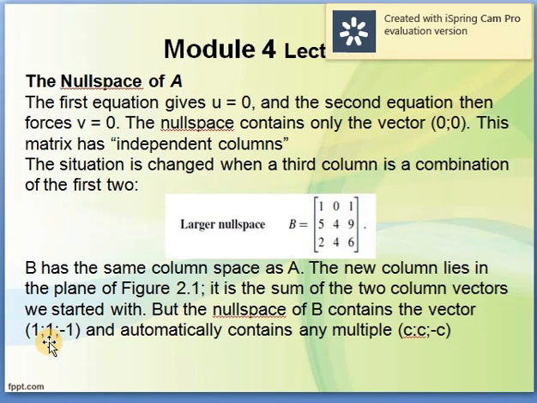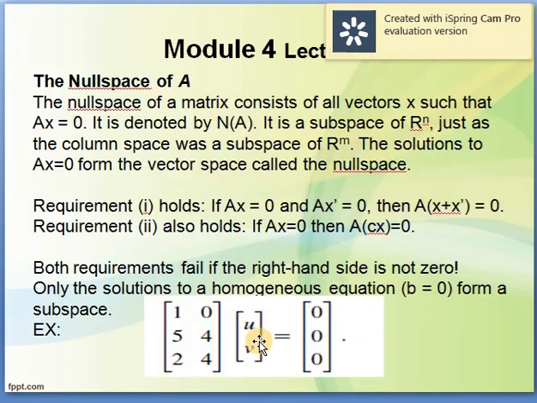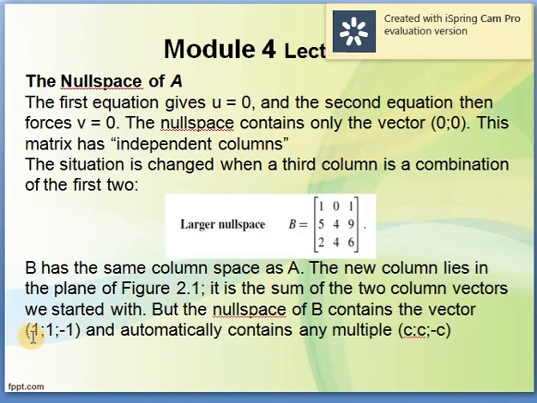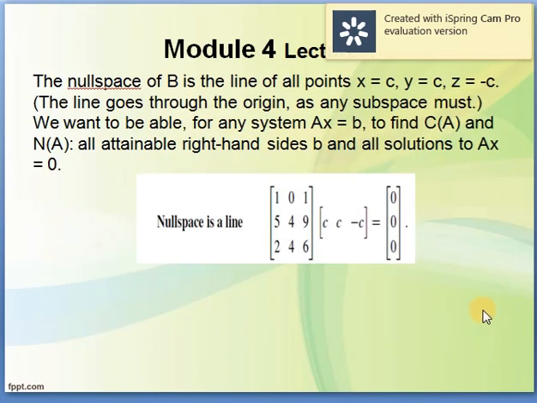But we know that as it is a null space, it has to satisfy both of those criteria: the sum, A plus B, as well as C into B. So if we multiply this solution with any value C, this becomes C, C, and minus C. When we multiply this matrix with C, C, minus C, the solution will not change.